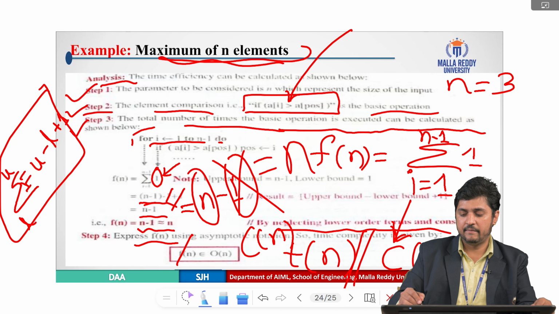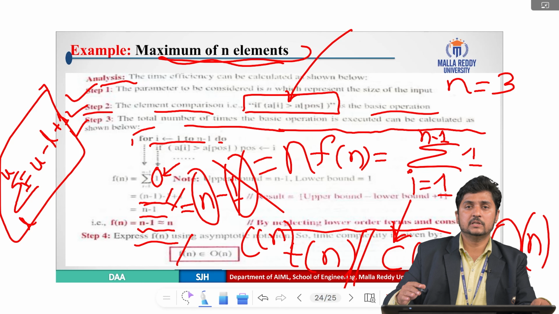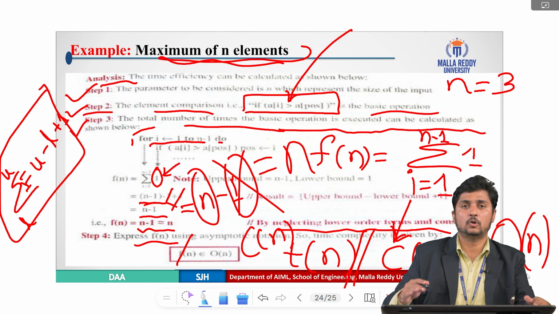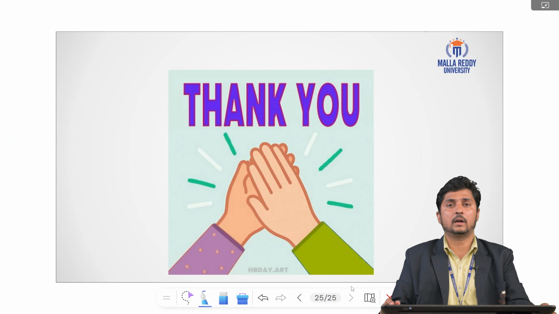In that way we understand this for input size n. Now we identify Big O, the worst possible time, because here the entire time efficiency depends only on the input size, not on the position and so on. That is the time complexity. With this I would like to conclude. Thank you.